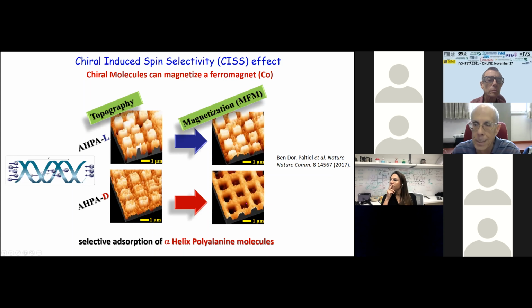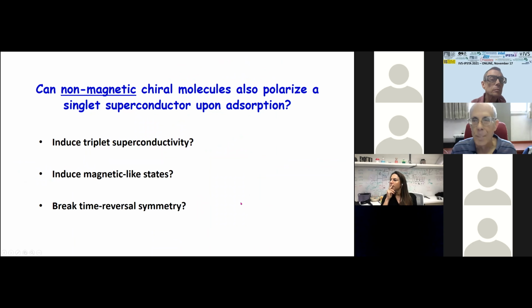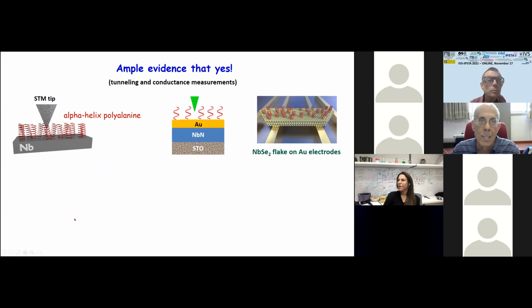So we asked ourselves, can these chiral molecules also polarize a superconductor? That is, can they induce triplet superconductivity, induce magnetic-like states, or even break time reversal symmetry? Essentially, we have ample evidence that this is the case.